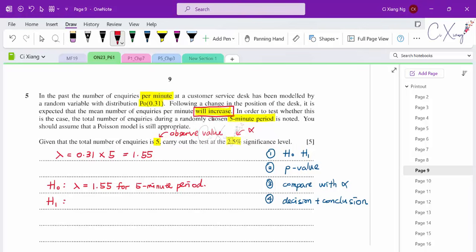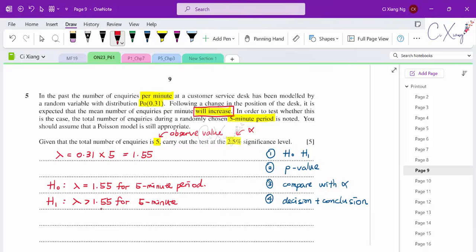That means the lambda will be more than 1.55. So will increase means greater than, that means bigger than 1.55. Originally is 1.55, right? Yeah, so they want to test whether is it increased or not. So that means should be more than 1.55. Then, and they're interested to test on this statement. So lambda is greater than 1.55 also for 5-minute period.